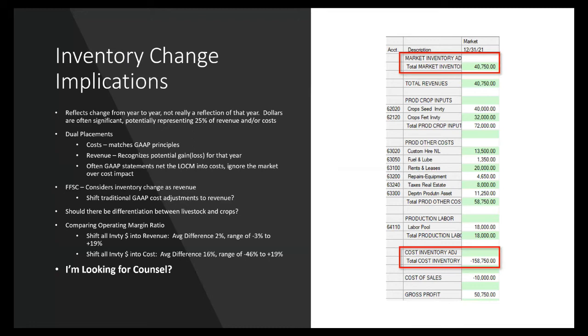So yesterday, I don't know if you guys know, when Todd was online with the Farm Financial Standards Council, I asked the question of what's the proper handling of inventory adjustments. And from a GAAP perspective, and I know I talked with John McNutt last night about it, his perspective was all your costs should be run through the expense side, through the cost side.